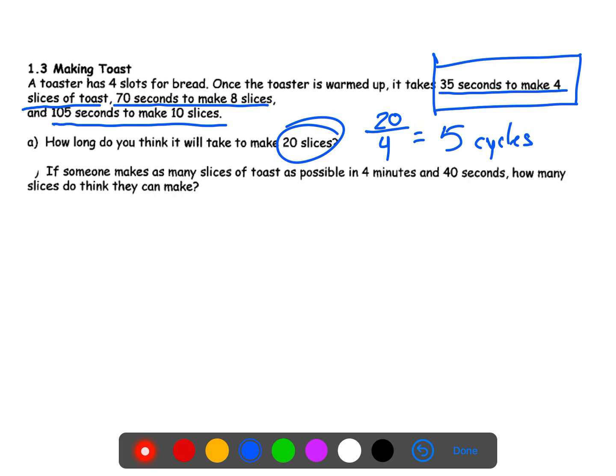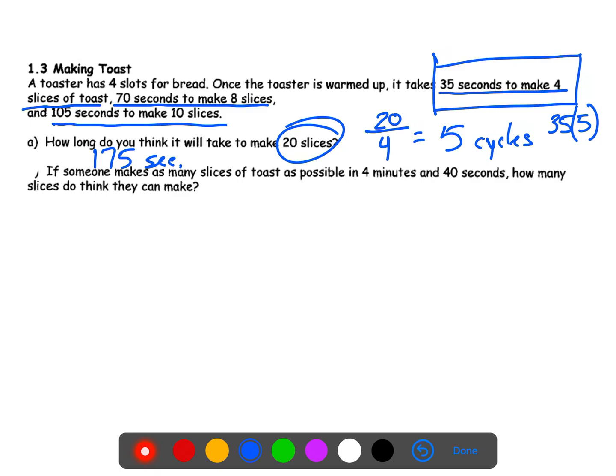So we take the 35 seconds for that cycle times the 5 cycles that would have to be done. 35 times 5 tells us that it's going to take 175 seconds to toast 20 slices of bread.